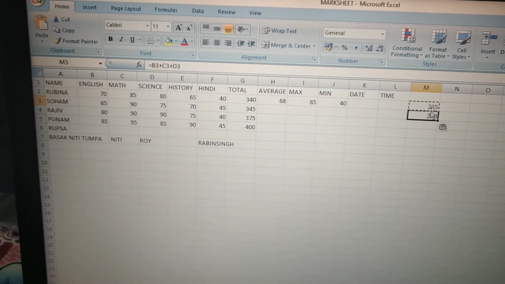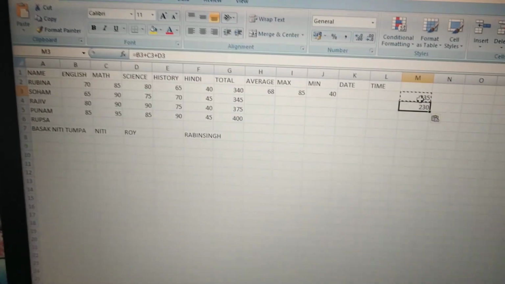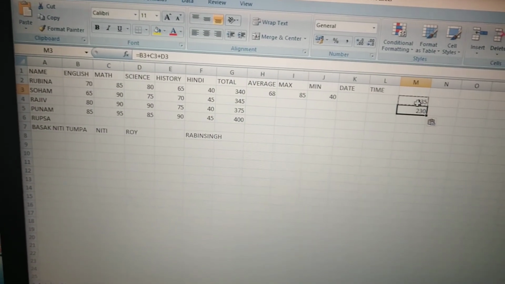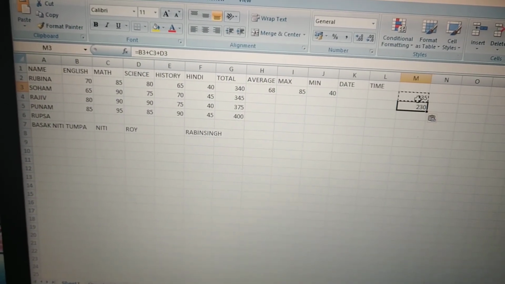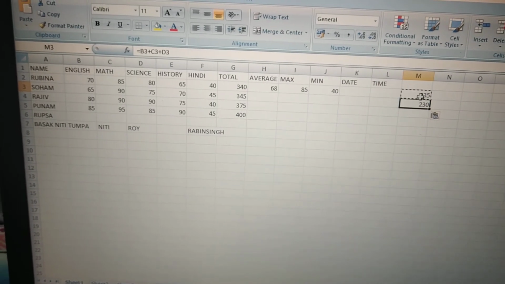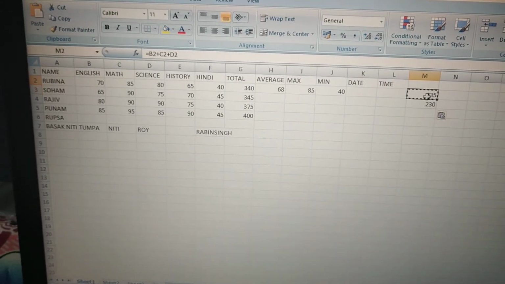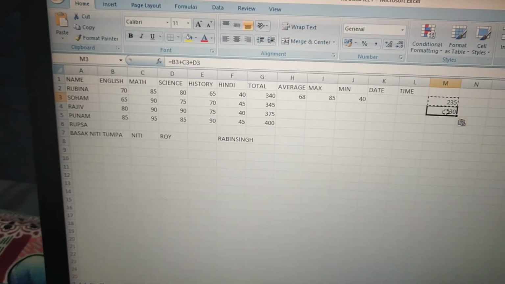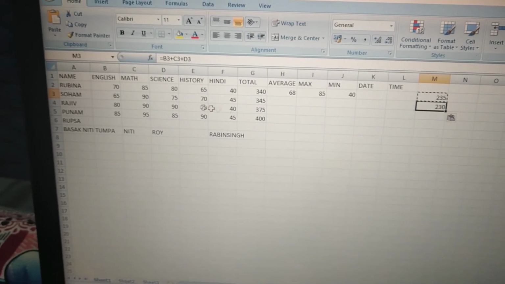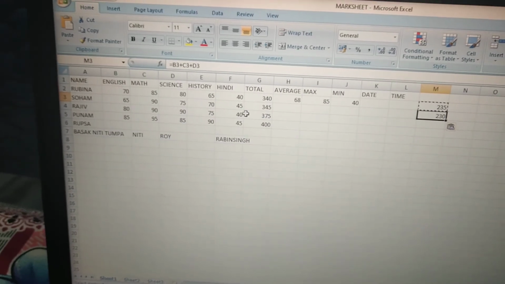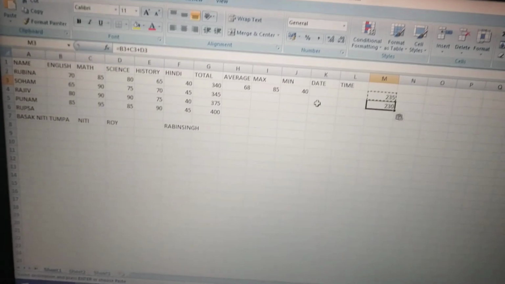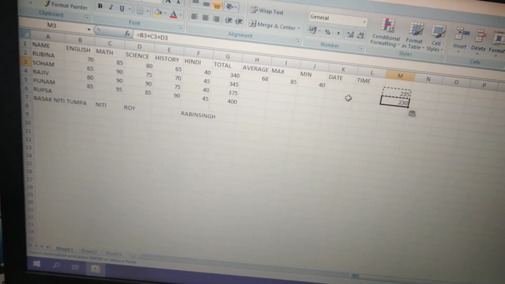So I copied 235, but 235 will not be copied. B2, C2, D2 will not be copied. It copied the cell references that belong to the particular row where I want to paste.